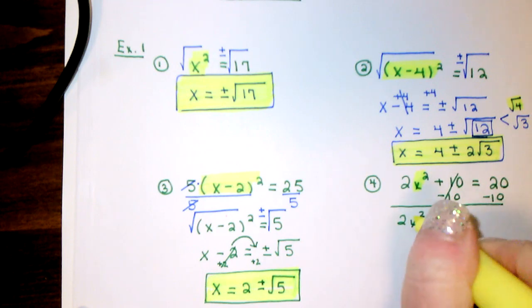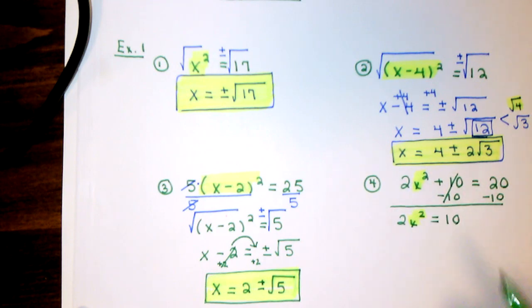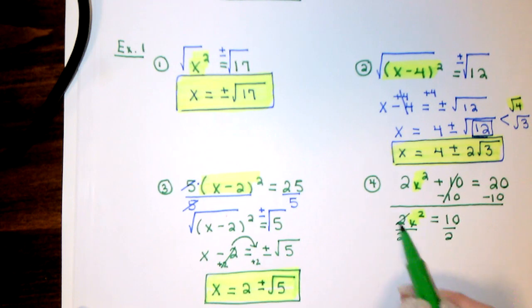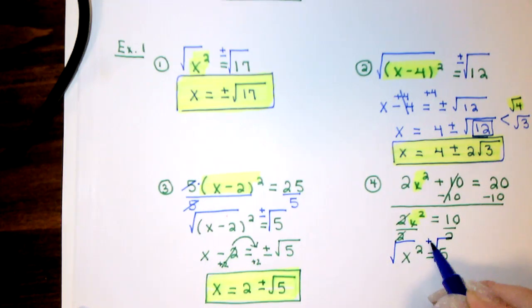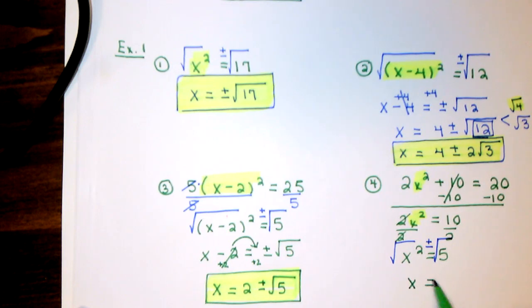Again, x squared is not by itself, so I'm going to divide by the 2. Then that cancels, so I have x squared equals 5. Okay, last step, we're going to square root it. Don't forget your plus and minus. So then you have plus or minus radical 5.